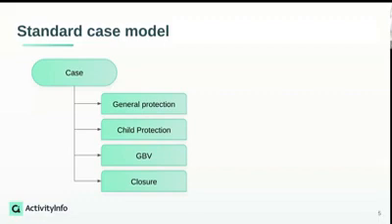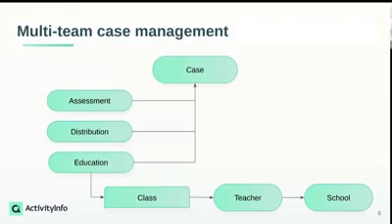But this is not the only way to structure case management. In some other contexts, you might have many teams providing services to the same group of people or to the same cases.